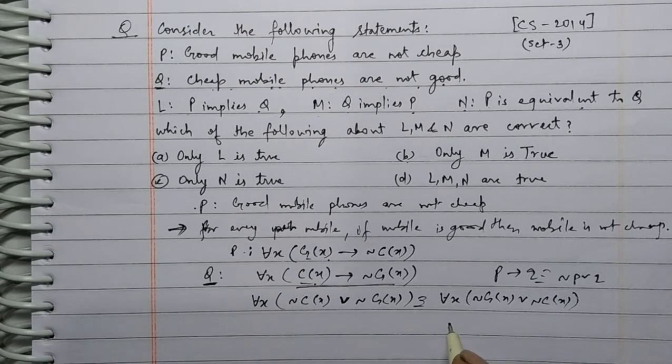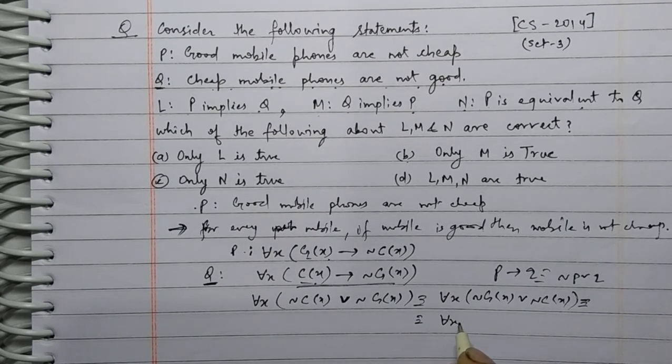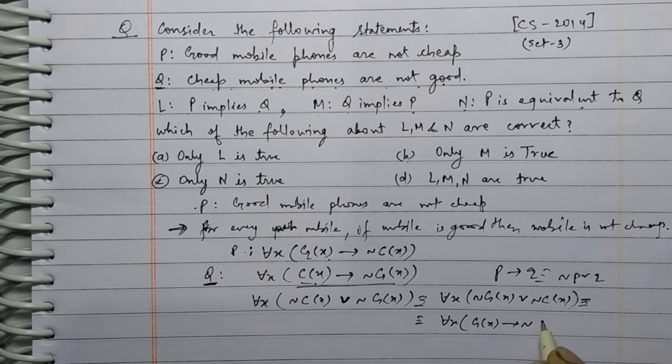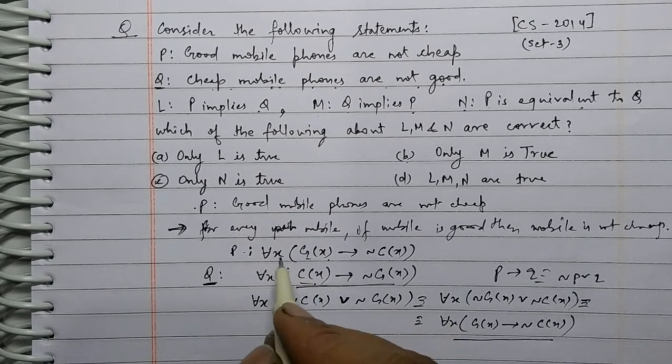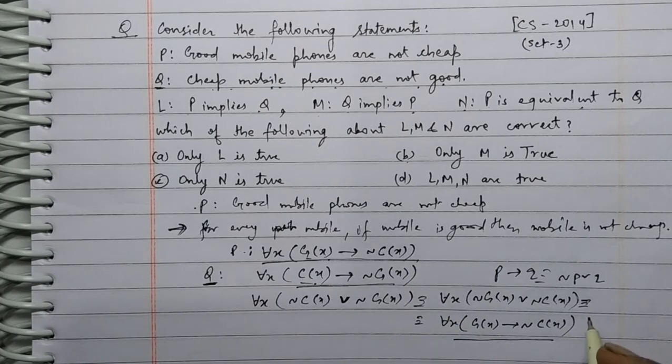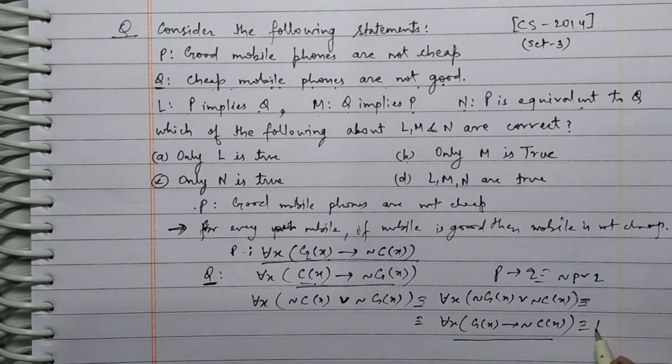It is equivalent to, for every X, GX implies not CX. It is just equal to statement P.